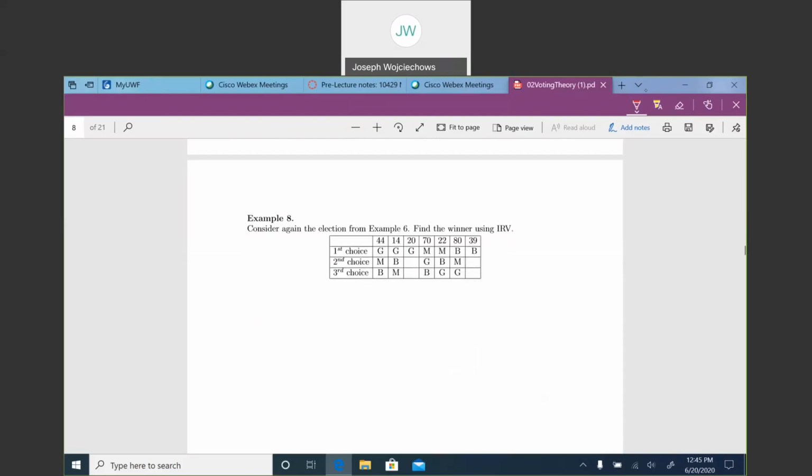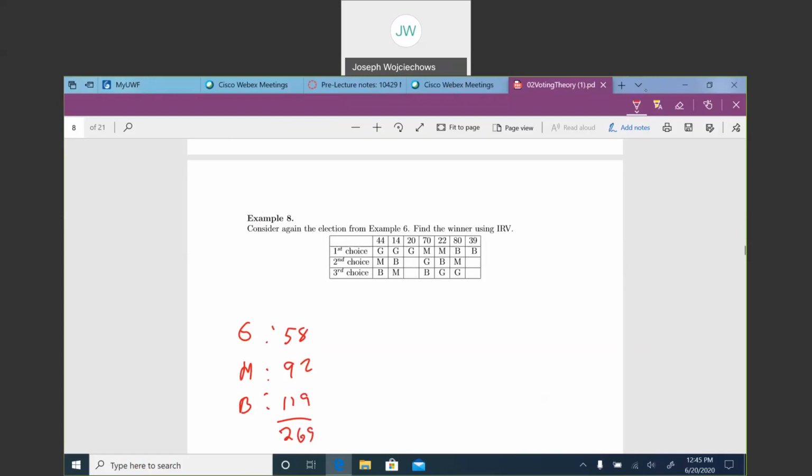Okay, we have our IRV here, and then we have same as the previous example, Goings, McCarthy, and Bunning. Goings has 58, McCarthy had 92, and Bunning had 119, for a total of how many votes? 269.